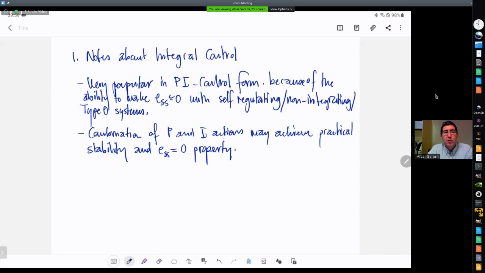Remember, the integral control does not automatically make ESS equal to 0 for all systems. It really depends on the type of the original system, okay? But if your original system is type 0, then the integral control increases the type by 1. So the new one becomes type 1, and a type 1 system has 0 steady state error for a unit step input. If you apply a unit ramp input, you will get constant steady state error.